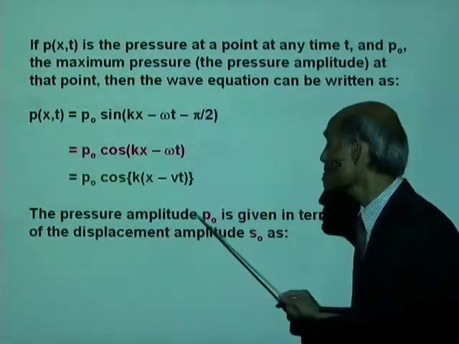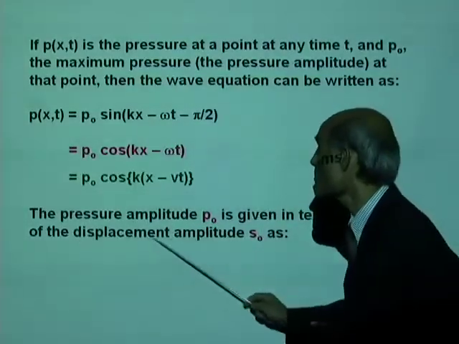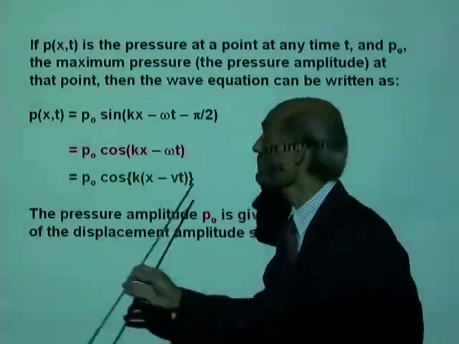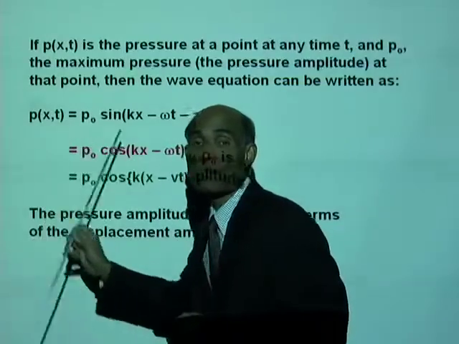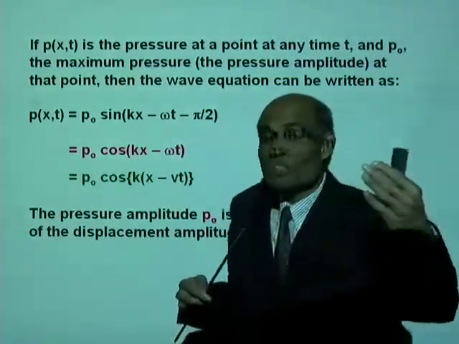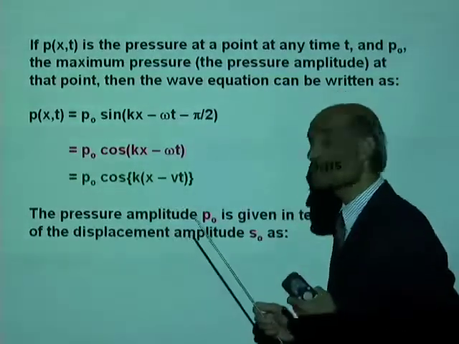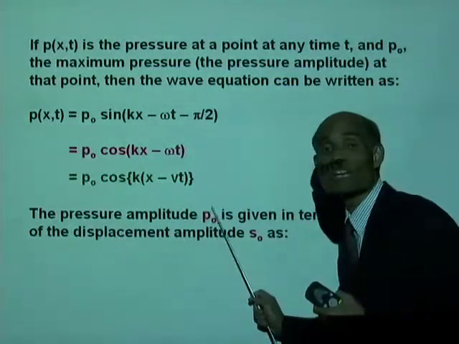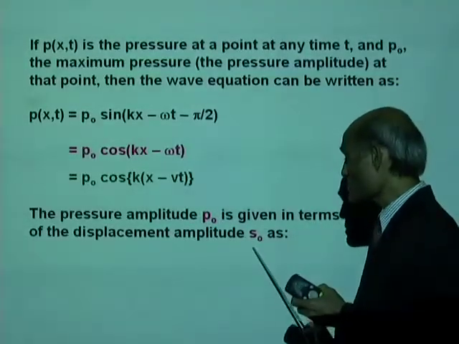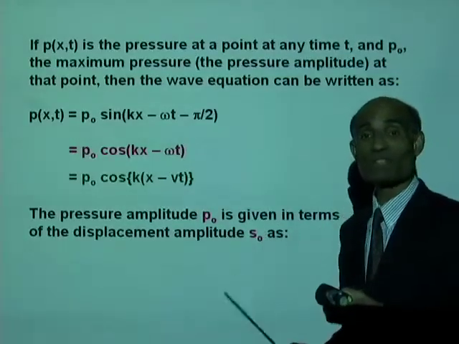The pressure amplitude P0 is given in terms of the displacement amplitude S0. Remember, we expressed this equation using the pressure; we adapted the equation from displacement. And so, you must be familiar with a relation connecting pressure amplitude P0 and displacement amplitude S0. It's an important relation.